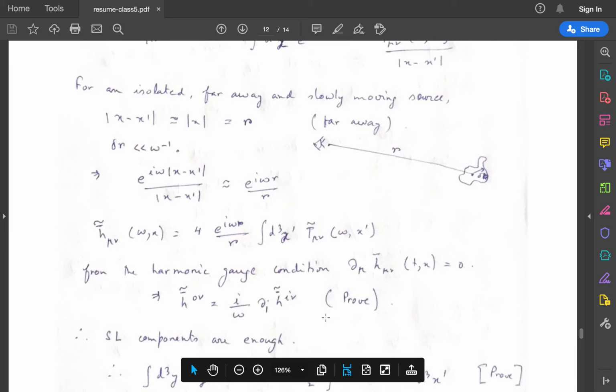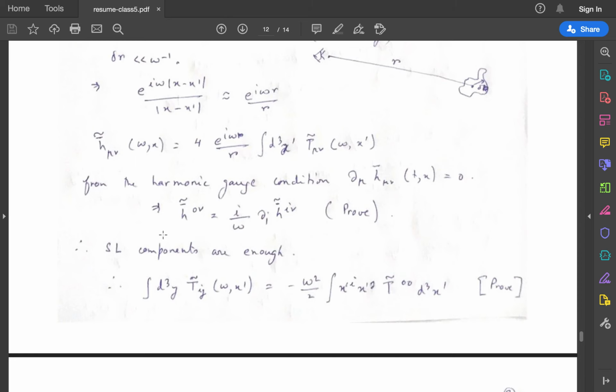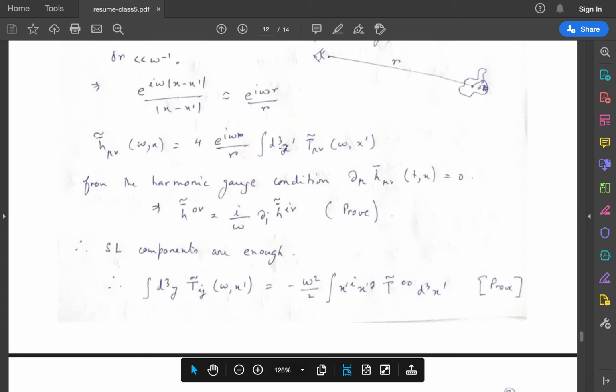Try to prove this, it will test you and you can understand something from it. As I said, the space-like components are enough, so I can do this integration. Try proving this interesting integration. This is a 4-5 line proof, but just try it.